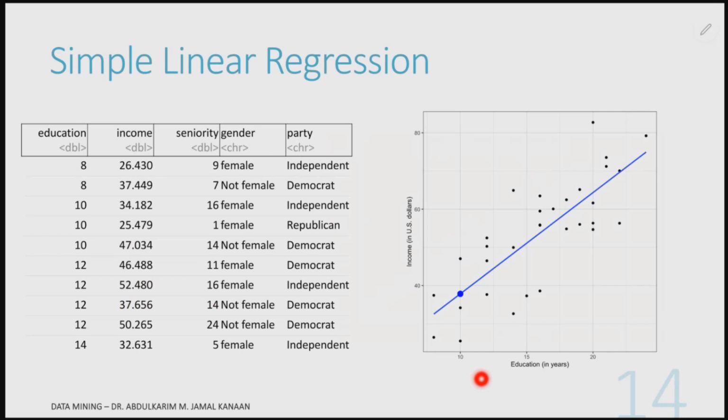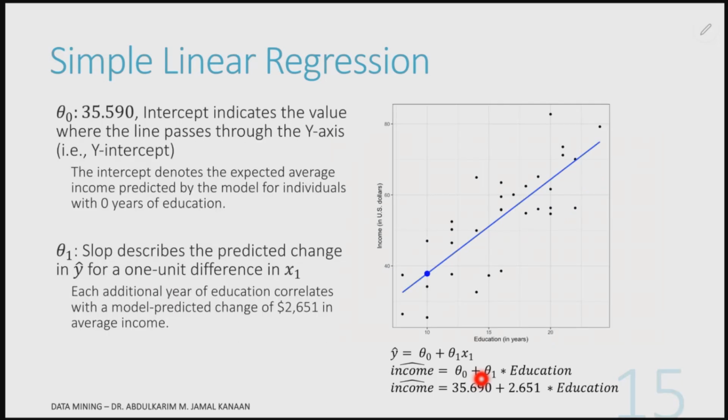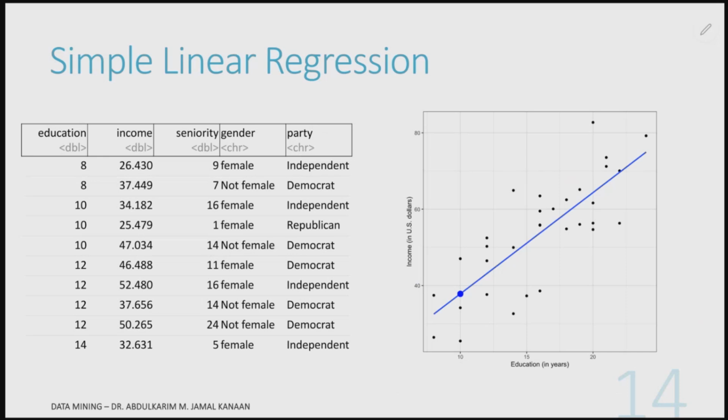So we looked into an example. Here we have a data set about education, income, seniority, gender, and party. And we're looking for income here as our target. And we took education as input. So in this case, we are applying simple linear regression.